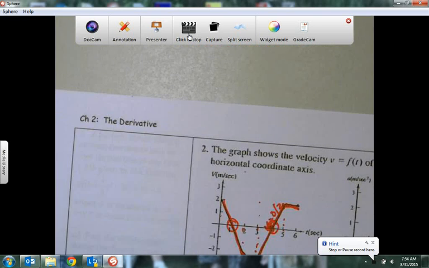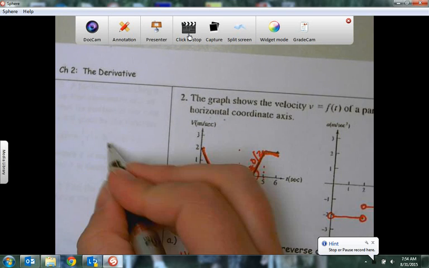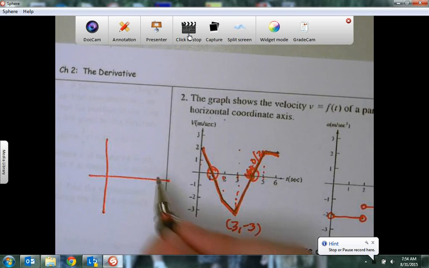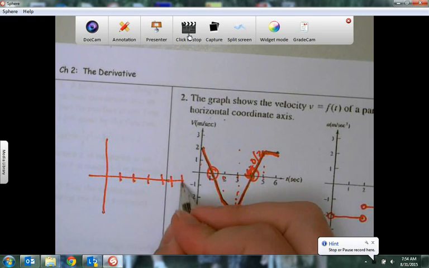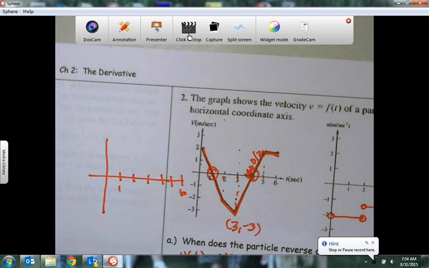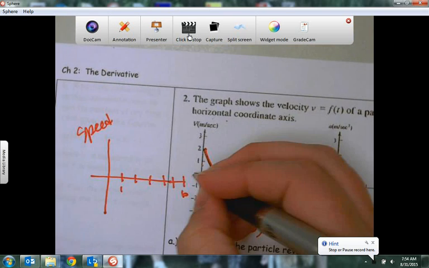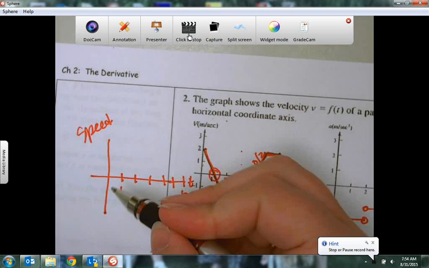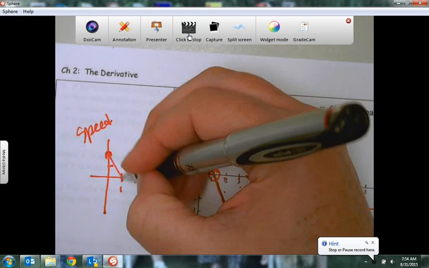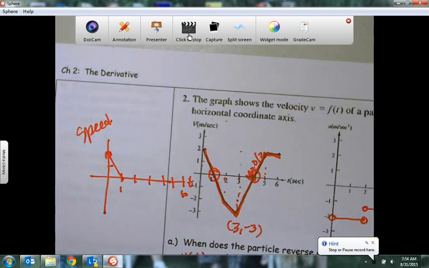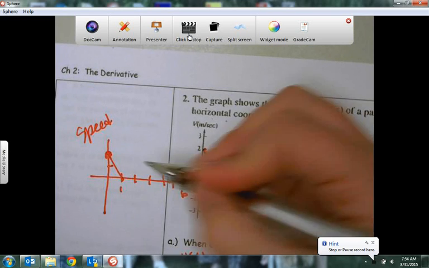The greatest speed, so if I took my velocity function, let's see, 1, 2, 3, 4, 5, 6. And I'm just going to flip it up again to get my speed. This is my time. So I have 1, 2, and then it's 1. And then this line goes back up, so at 2, I'm back at 2.